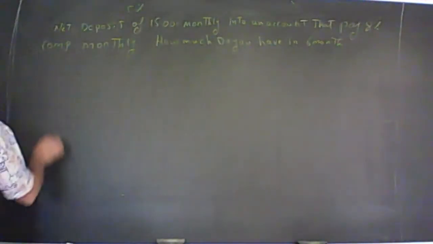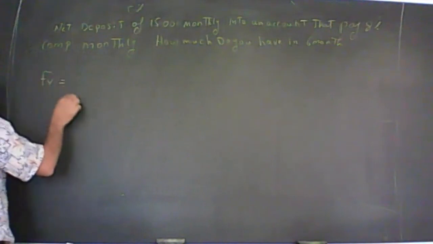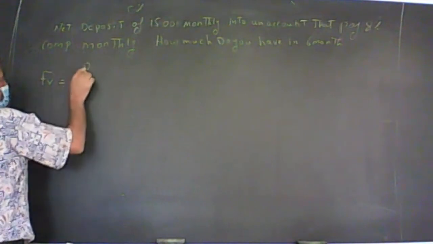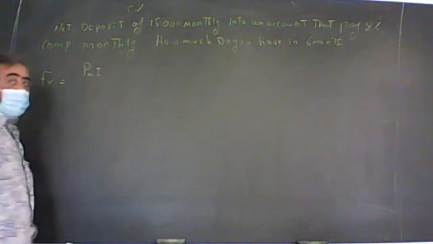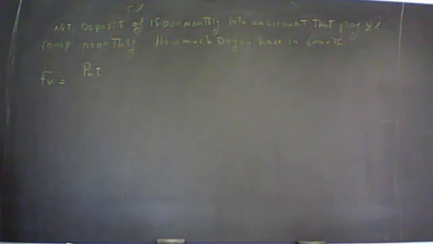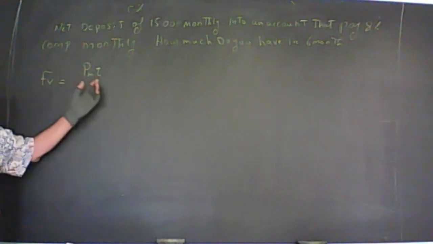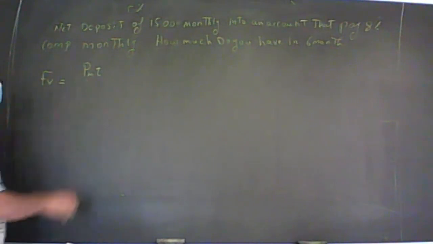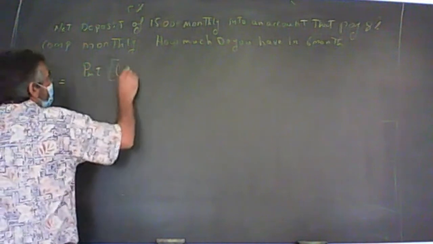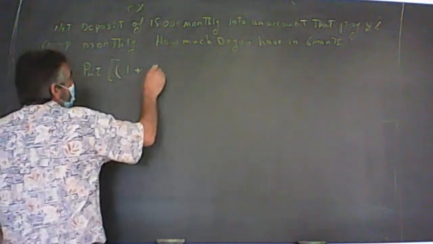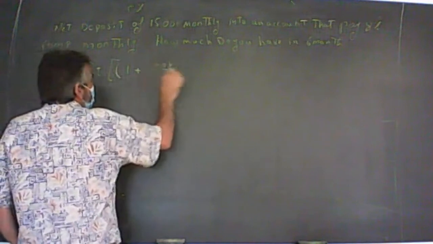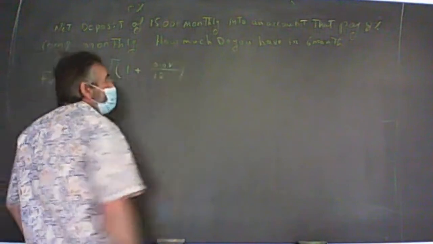Well, use the formula. So the future value equals the payment. Payment amount is how much you deposit every time. Okay? Just to differentiate it from the present value, we're going to call it payment. Yes? Times 1 plus R, which is 0.08 divided by 12.